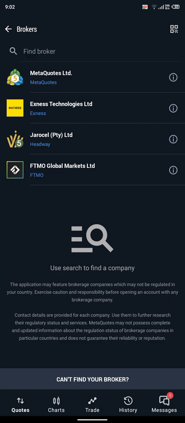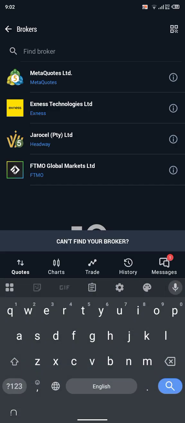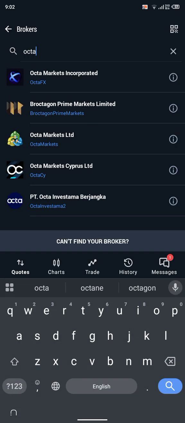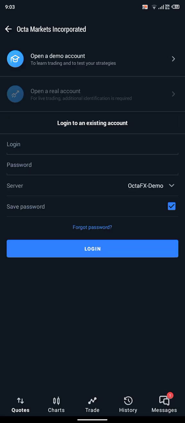So maybe if you have opened an account, XNest is an example of a broker, OctaFX is an example of a broker. You can see XNest is already appearing here, or you can search Octa. And look at Octa Market Incorporated, and once you click on it, then in this place you just put in the details. Now all these details you are going to fill here, like your login, your password, your server, all these details would have been given to you by your broker. Remember, because you have opened an account with the broker.